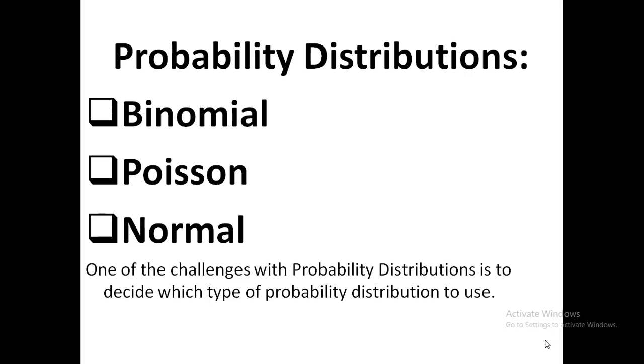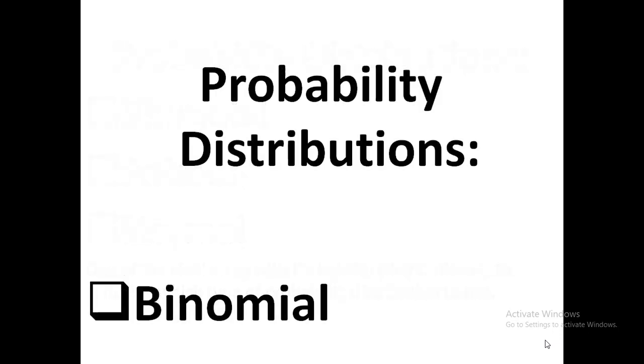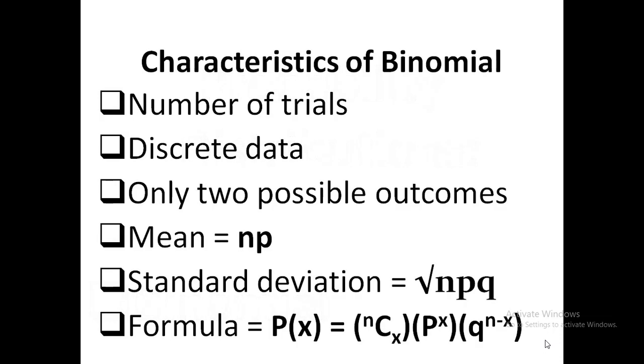If you follow this video, I'll clarify how you are supposed to decide which probability distribution to use. What will help you decide is understanding the characteristics of each of these probability distributions. So let's look at the characteristics for the binomial distribution.